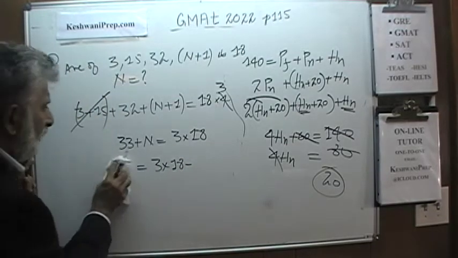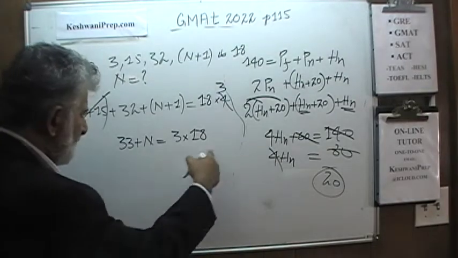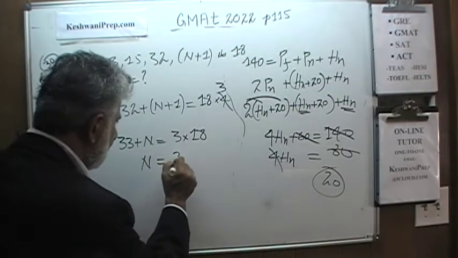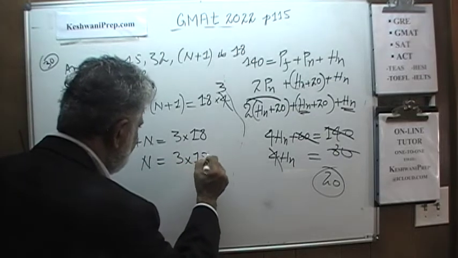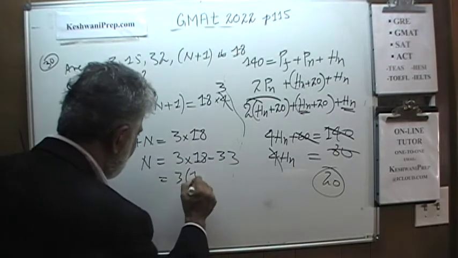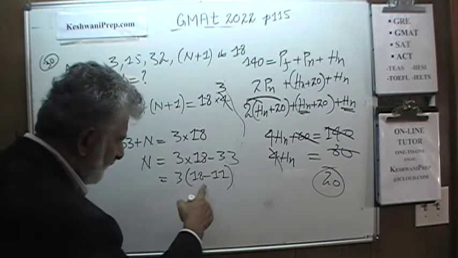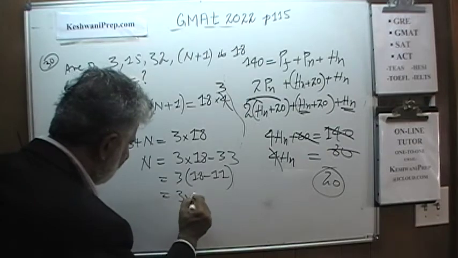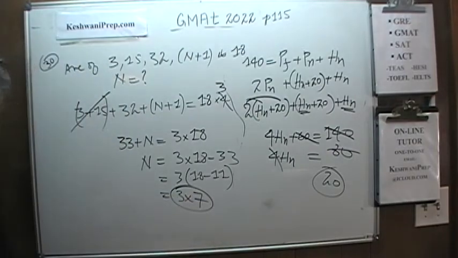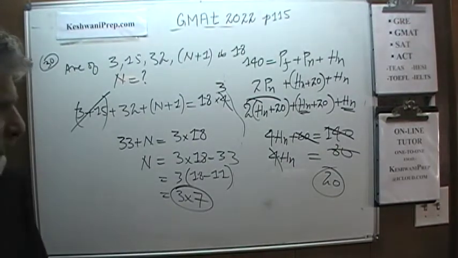Typically I like to line up my equations, but I'm trying to save room here. That is the same as 3 times 18 minus 11, and 18 minus 11 is 7. There you go. The number that we're looking for is 21.